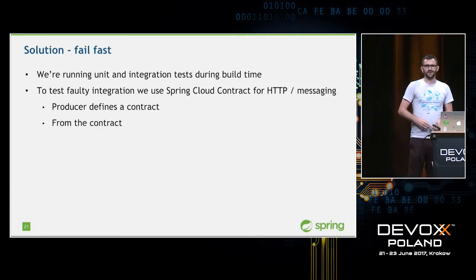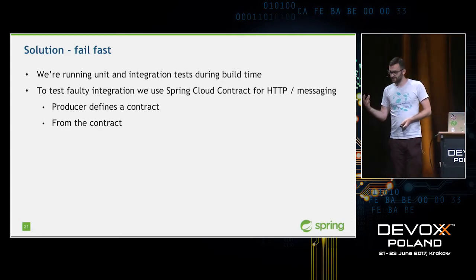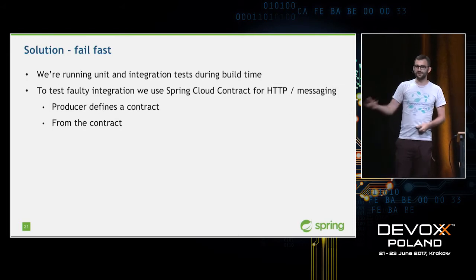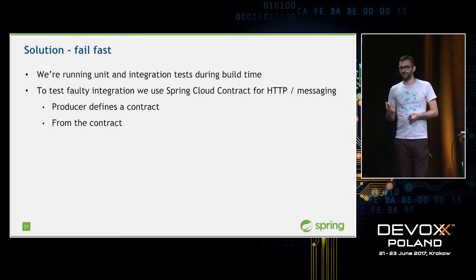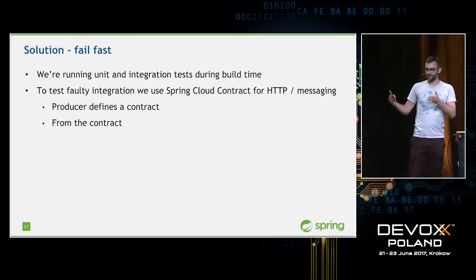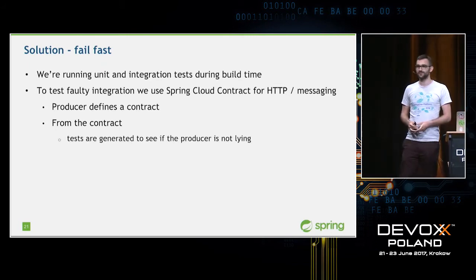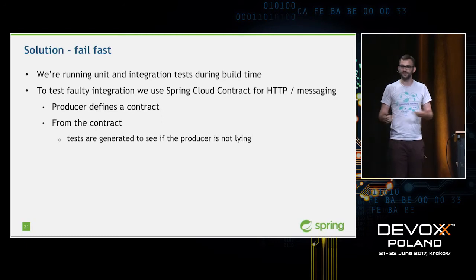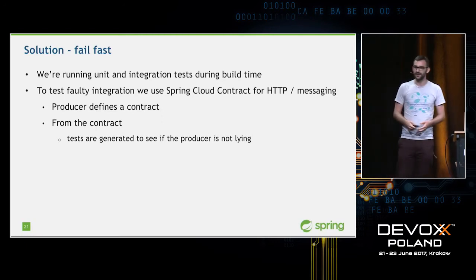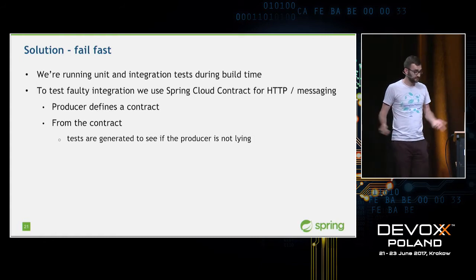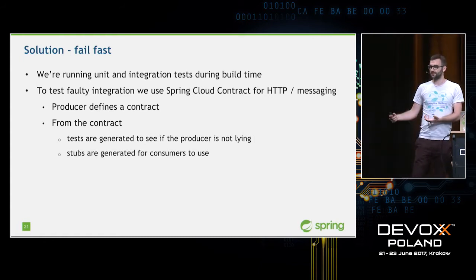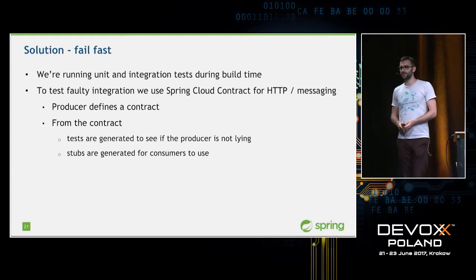And now, if we want to really trust this contract, we have to test if actually what's written in the contract is true. So from the contract, we generate the test to see if the producer is not lying. If the producer says, I have a foo endpoint and I'm going to return bar if you shoot a request there, we're going to test it because we don't trust anyone. And we're going to generate stubs from the contract because we want to speed things up.